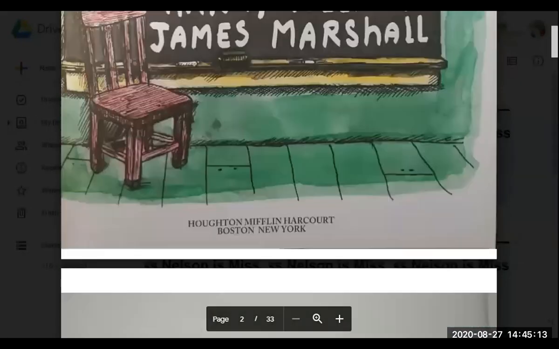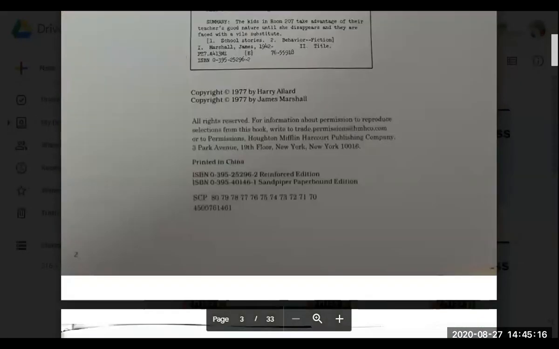Let me see if I can share a different page. There we go.